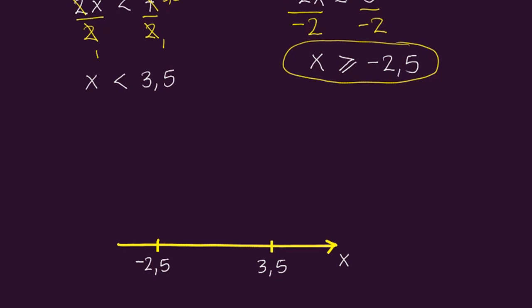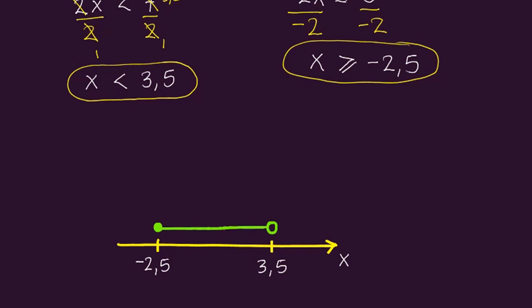I shade on -2.5, and the values which are greater are to the right of -2.5. Again, for x is less than 3.5, this time I don't shade, it's an unshaded circle on 3.5, and values of x that are less than 3.5 are to the left of 3.5, so these will be the values.